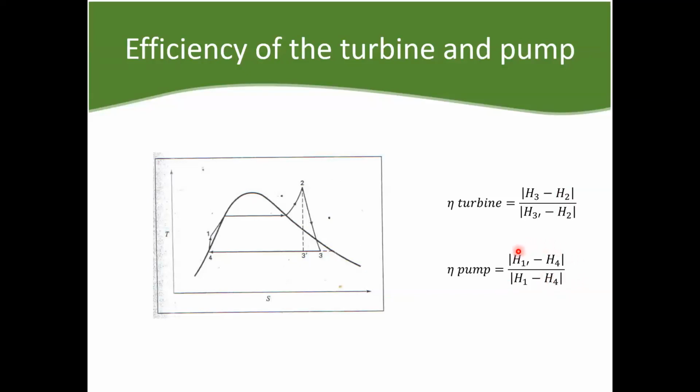So in the pump, the ideal work required is in the numerator. Remember that because efficiency is always less than 1, the lower value should always be in the numerator. Hope that's clear. So for the pump, we're comparing its isentropic work with its actual work required.